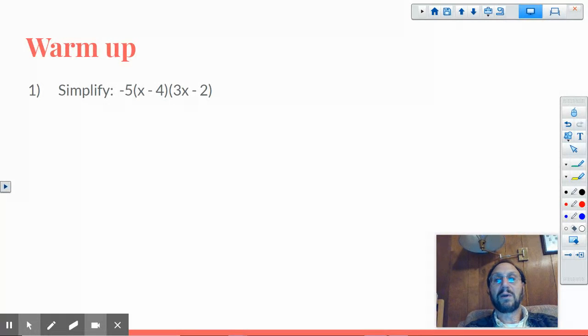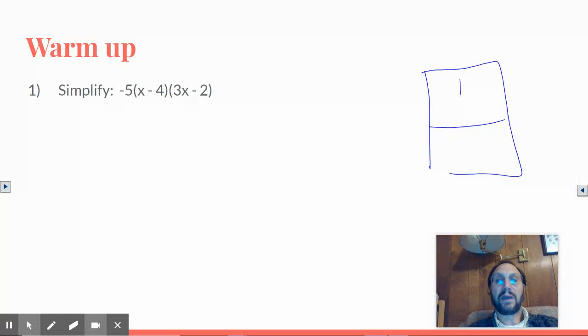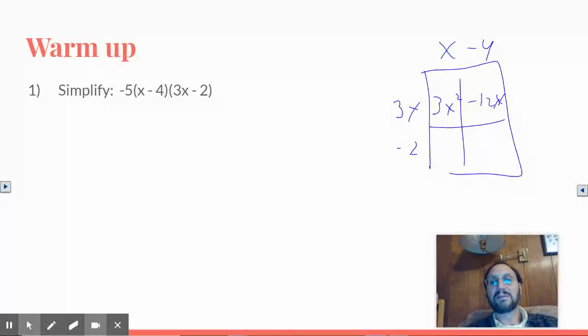What I had suggested was that you think about multiplying however you multiply. You don't have to use these boxes. I just find that a lot of students like them. 3x times x would be 3x squared. 3x times -4 is -12x. -2 times x makes -2x. It's like a multiplication table. -2 times -4 is +8.